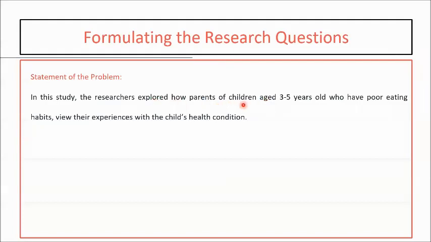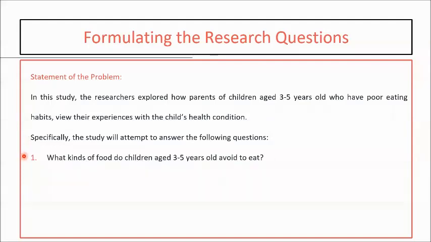How parents of children 3 to 5 years old who have poor eating habits view their experiences. Meaning, what is the experience of the parents of children who have poor eating habits. So that is a general problem. Now, specifically, the specific questions will attempt the following.